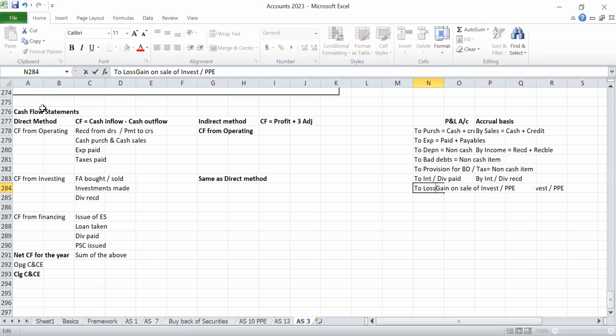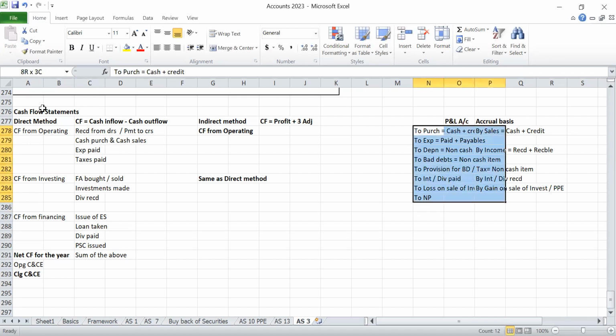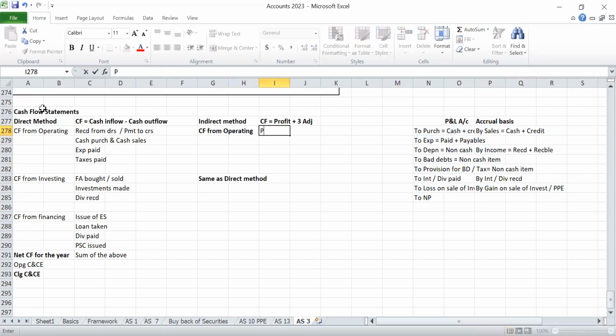To loss on sale of investment or PPE will come. So the difference will be the net profit for the year or net loss. Correct? So this is just a summary of the profit and loss account. So now I am going to get cash flow from operating activity from profit.